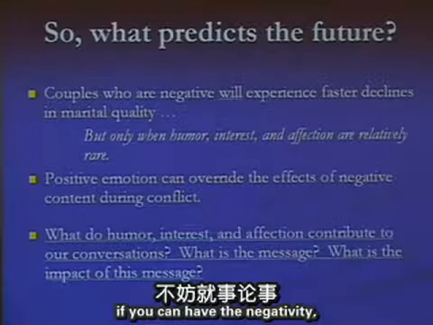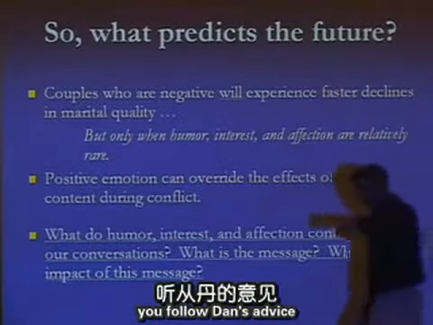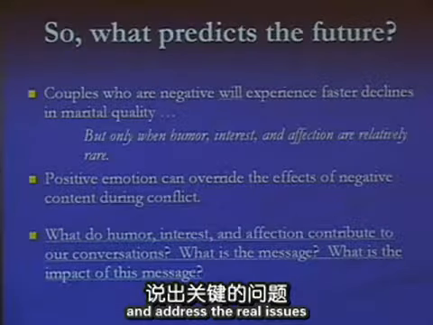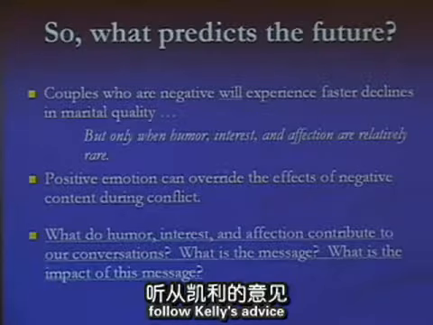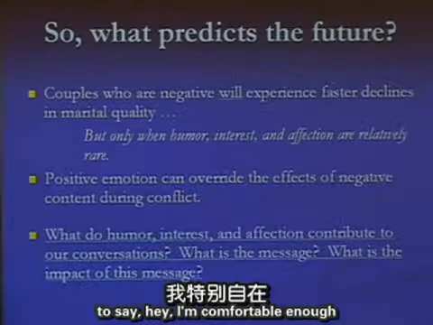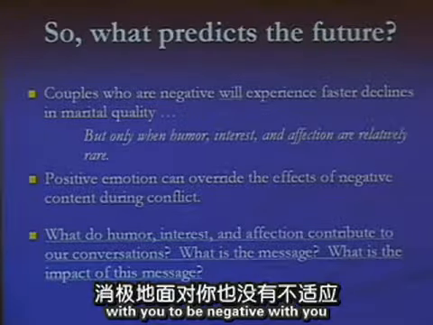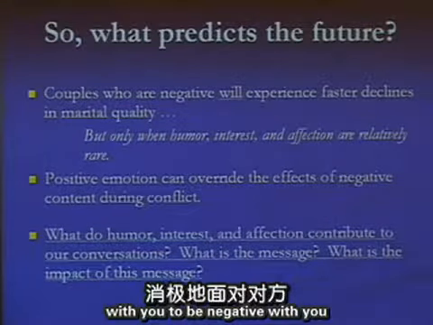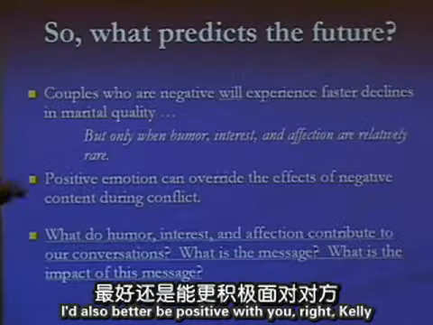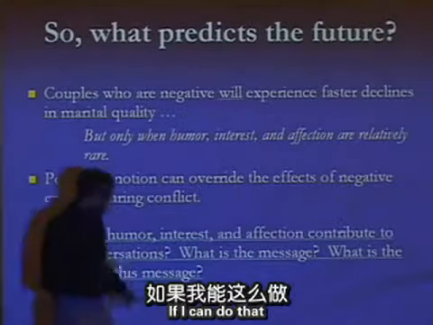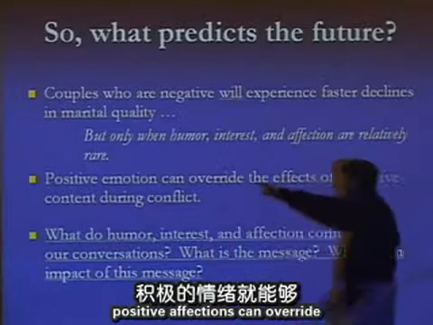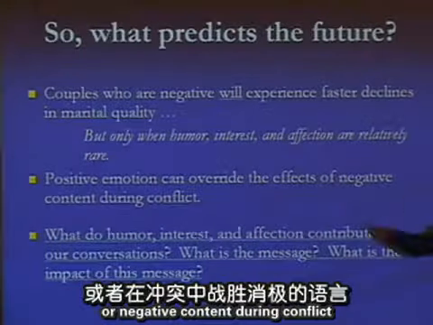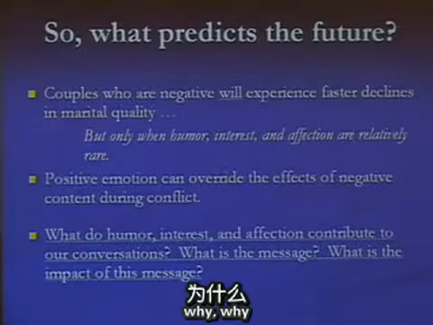If you can have the negativity, address the negativity, follow Dan's advice and address the real issues. Follow Kelly's advice and say, hey, I'm comfortable enough with you to be negative with you. But if I'm comfortable enough with you to be negative with you, I better also be positive with you, eh, Kelly? If I can do that, positive emotion can override the effects of negative content during conflict.